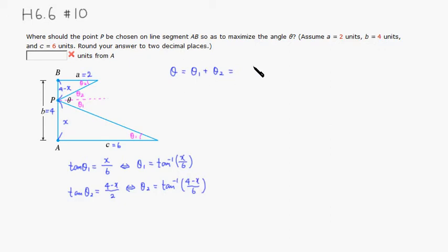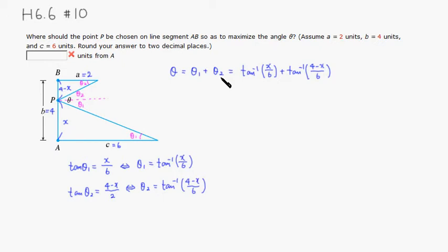So the theta we're looking at is simply the sum of arctangent of x over 6 and arctangent of 4 minus x over 6.